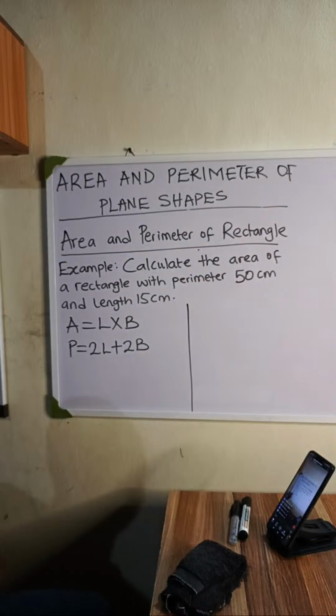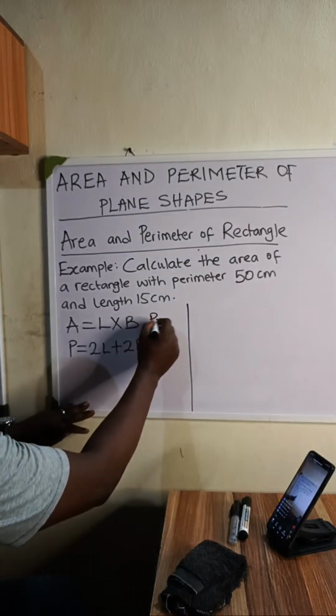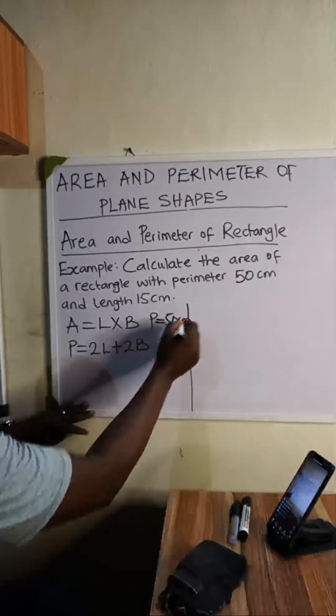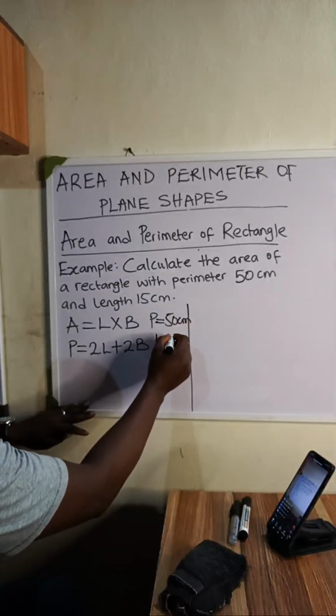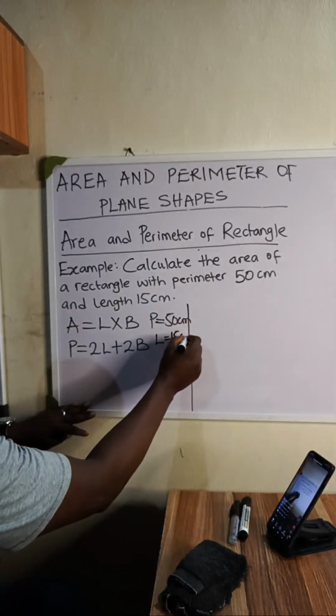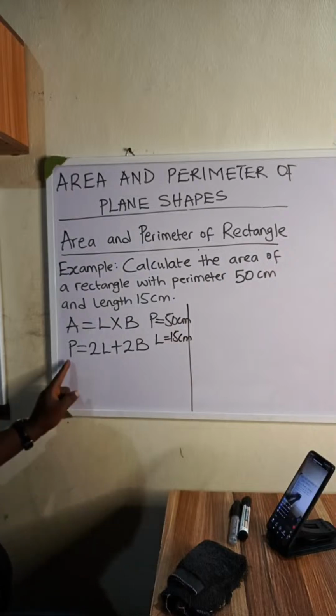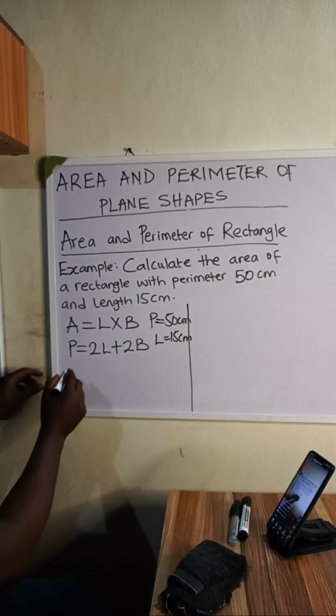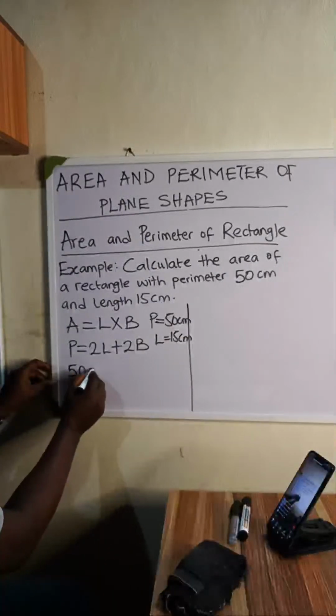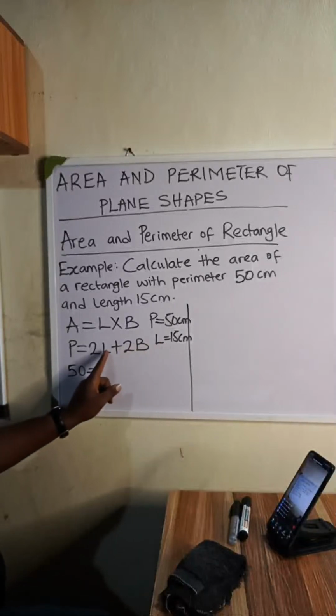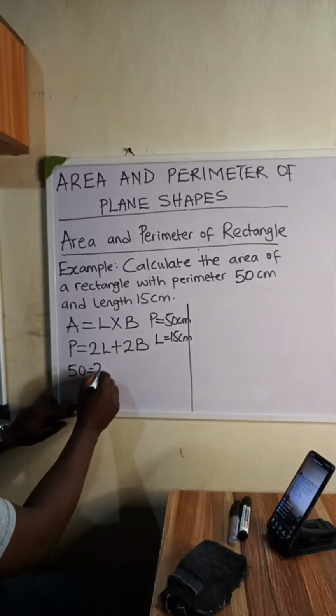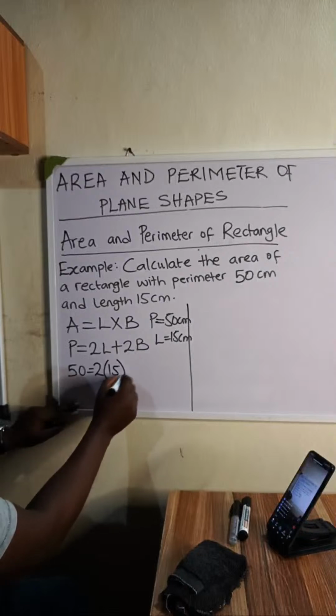Okay, so let's do that. We know that P is equal to 50 centimeter and L is equal to 15 centimeter. So we're going to replace P with 50 and replace L with 15. So 2 into 15 plus 2B.